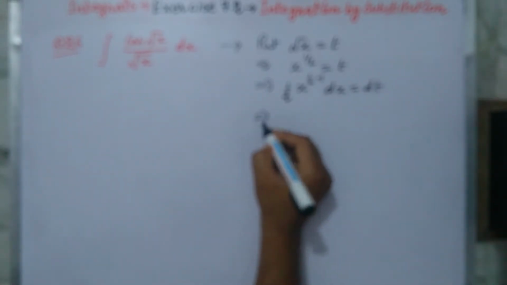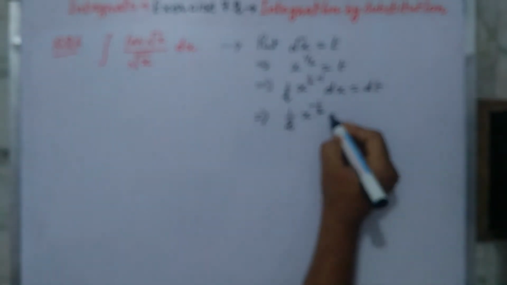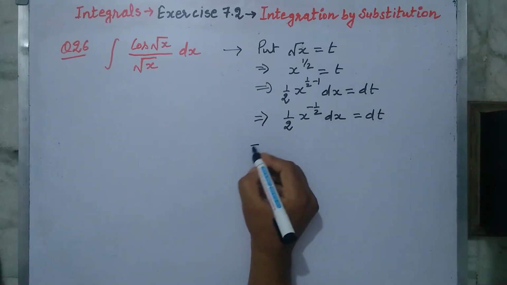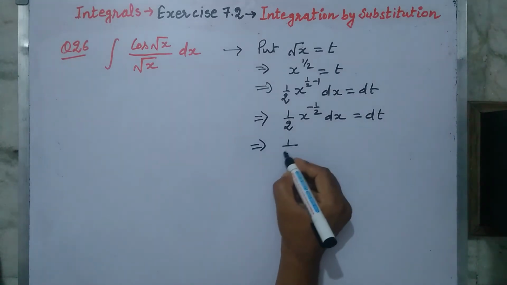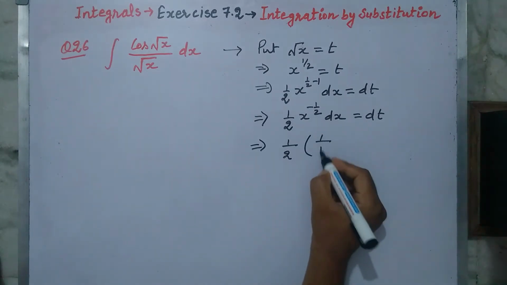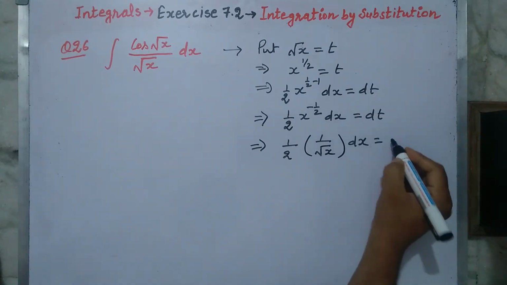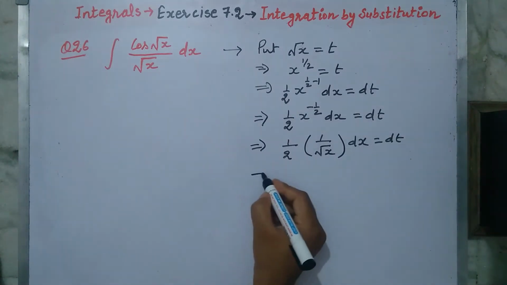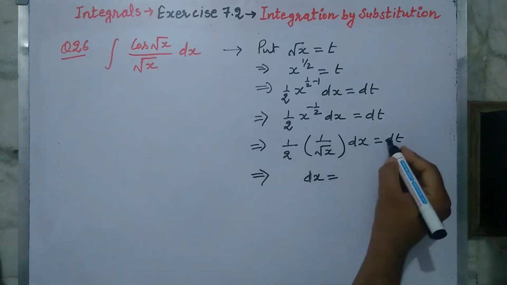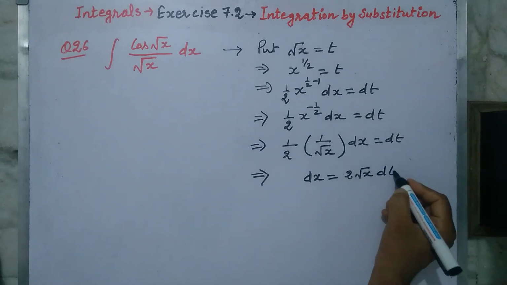That means 1 upon 2 x power minus 1 upon 2 dx is equal to dt, that is 1 upon 2 into 1 upon square root of x into dx is equal to dt. So finally we have dx is equal to 2 into square root of x into dt.